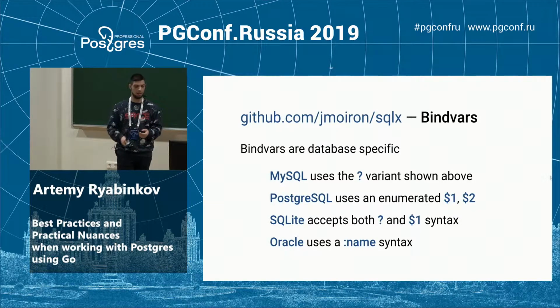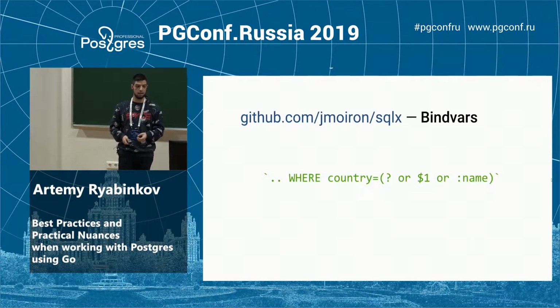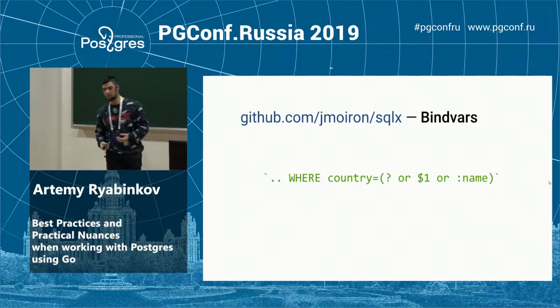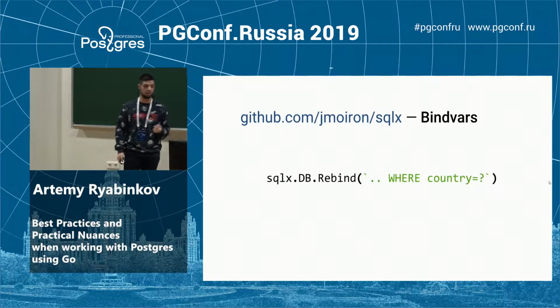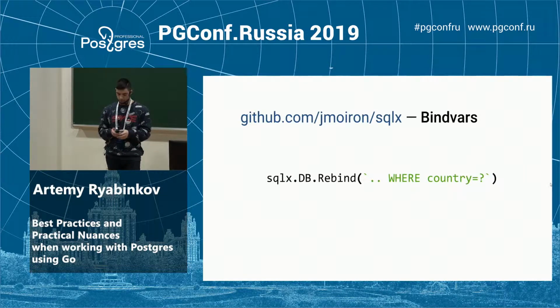Of course, when you are experienced enough, you won't have to think about it. You will write $1 or $2, but still, cognitive load is there. That's why the sqlx package has the Rebind method. This method allows you to write a question mark every time, and it doesn't matter with what database driver you work. sqlx will implement the placeholder that you need.